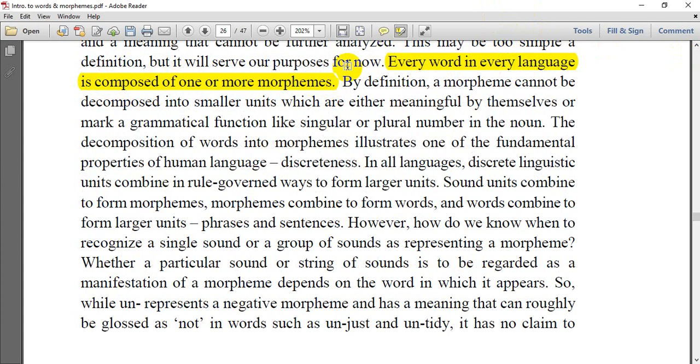By definition, a morpheme can't be decomposed into smaller units which are either meaningful by themselves or mark a grammatical function like singular or plural number in the noun. The decomposition of words into morphemes illustrates and explains one of the fundamental properties of human language: discreteness.